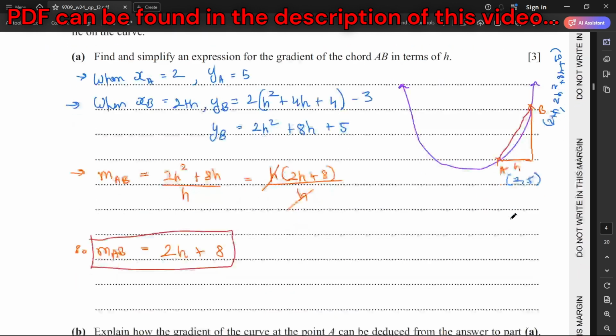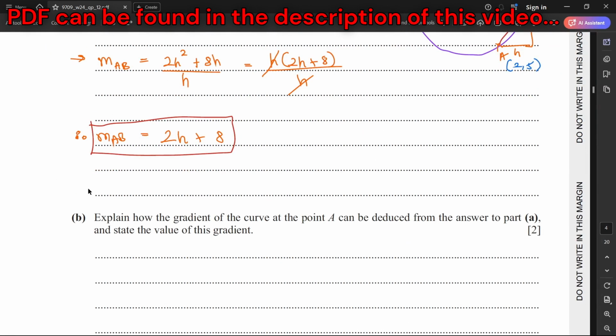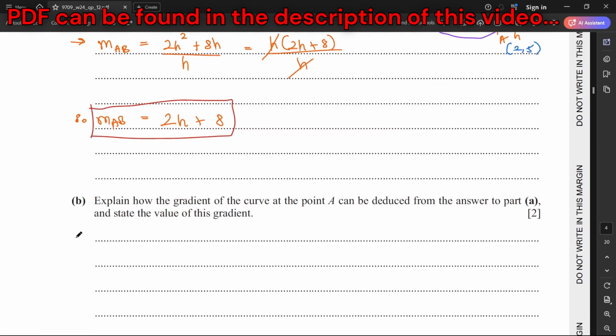And therefore, what we need to say over here from the principles of limit, the first principle, we know that as B comes closer to A, such that the value of h approaches 0, in that case, the gradient of chord AB will be equal to the gradient at point A on the curve.